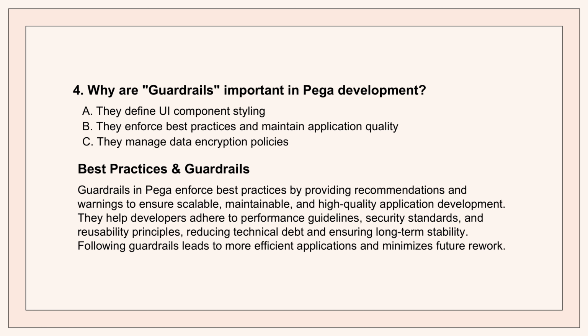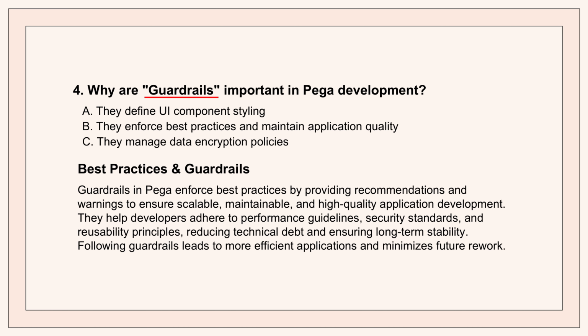Okay, question 4 is all about the importance of guardrails in Pega development. Guardrails. Those are important. They are. So the question is asking, what do they do? Are they A, defining UI component styling, B, enforcing best practices and maintaining application quality, or C, managing data encryption policies? I think of guardrails as those helpful guidelines or best practices that are built right into Pega.